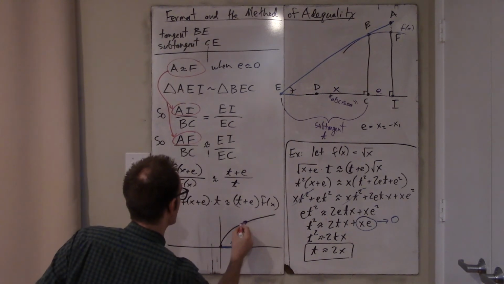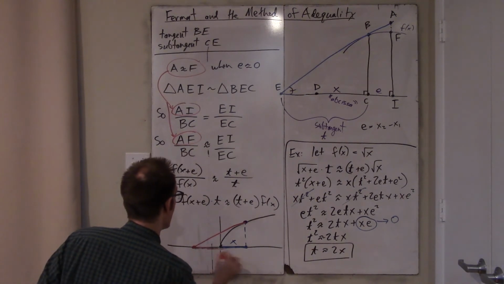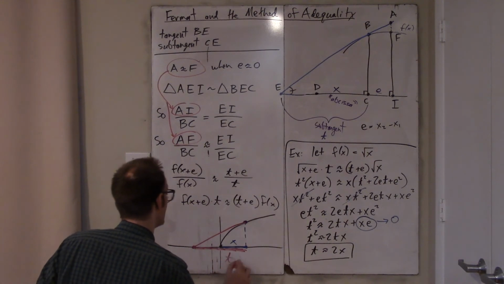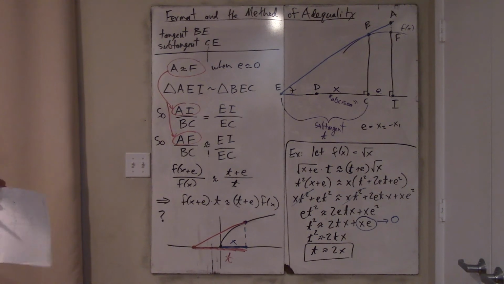Then when you draw the tangent line, this is looking about right, because I forced it to be so, that thing t there in red is the subtangent. And the fact about parabolas: the subtangent is twice the abscissa.